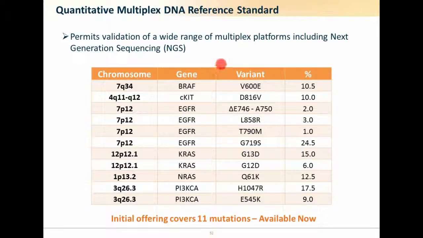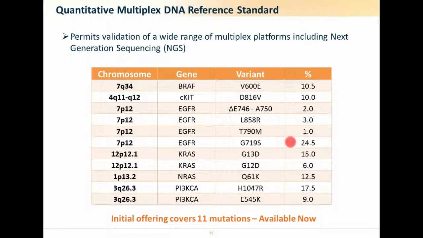We've covered 11 mutations originally, through the genes BRAF, KIT, EGFR, KRAS, and PI3 kinase. And the allelic burden ranges from 1% all the way up to 24.5%.